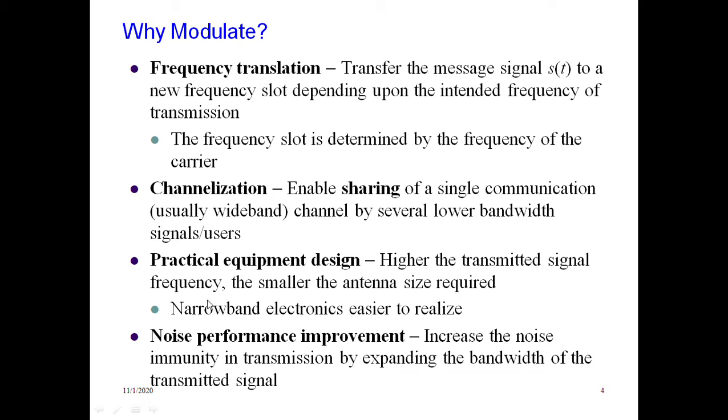The third one is practical equipment design. That means a certain transmitted signal is accepted by certain equipment or antenna. For example, we want a smaller antenna, so there is a frequency that is acceptable for that particular small antenna. That's why we have to change the transmitted signal, the information, into another signal with a new frequency, so it can be practical and able to be received by the equipment.